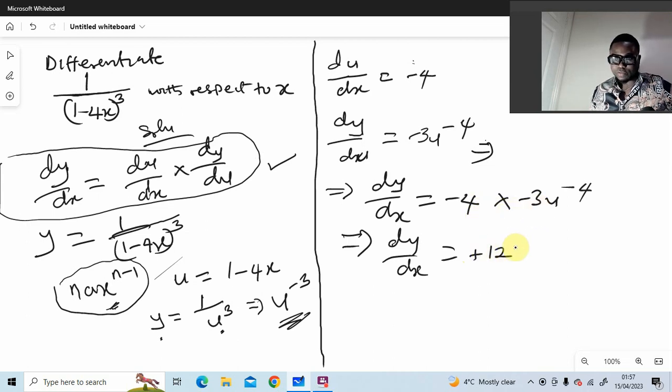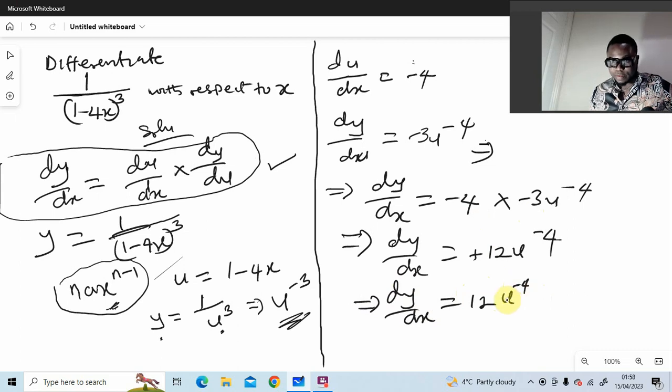That is plus 12 u raised to the power of minus 4. Remember that minus times minus in mathematics is plus. So dy over dx will be equal to 12 u raised to the power of minus 4.